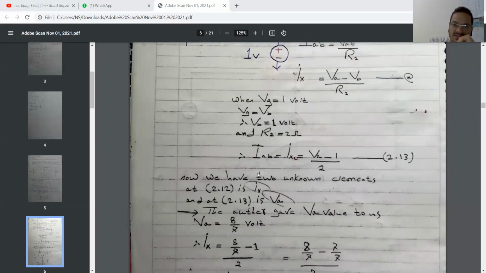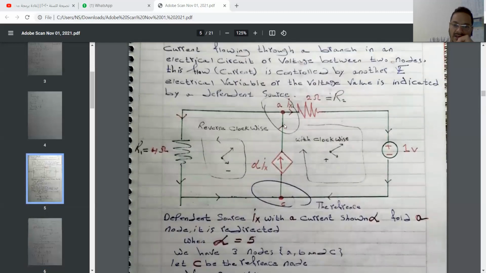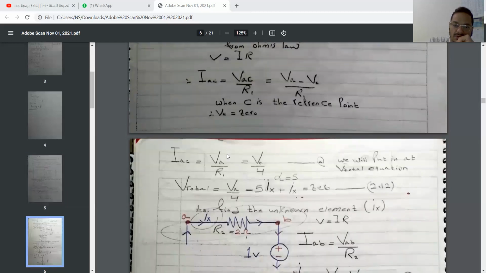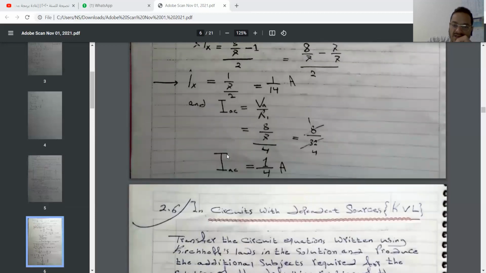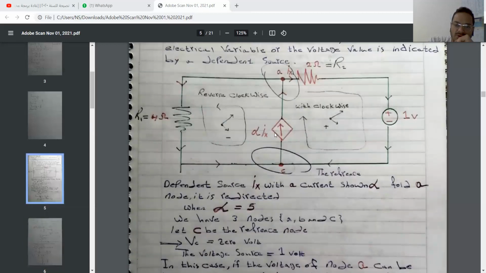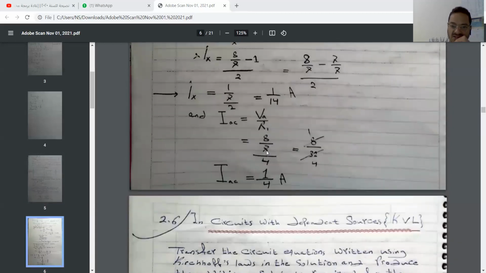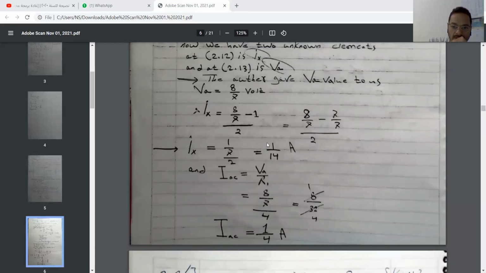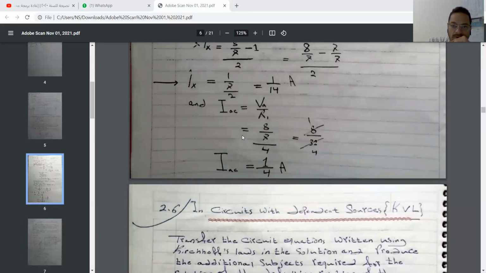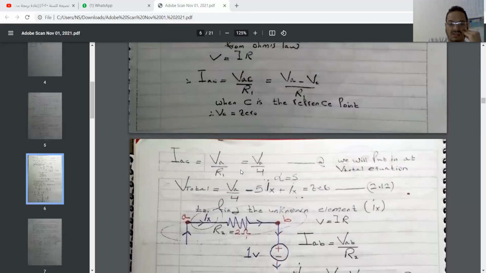Here IAC equal VAC, that's mean VA divided on R3, like I remember. No, we don't have resistance here. That's mean VAC equal VA divided on R1. AC, maybe that's AC.